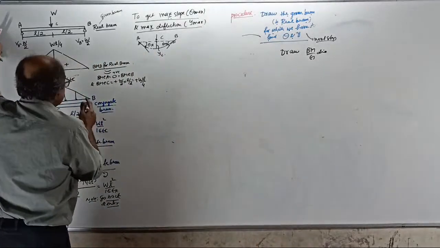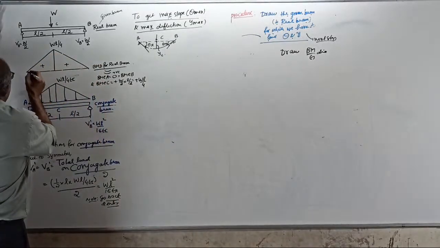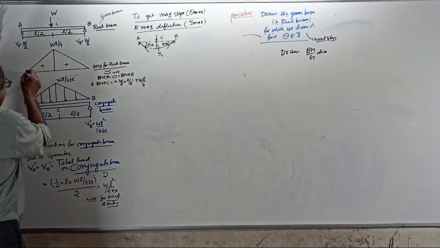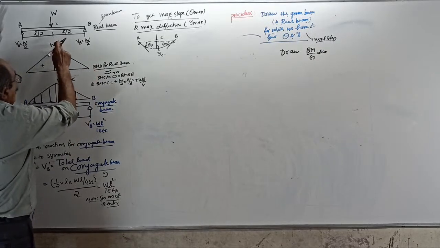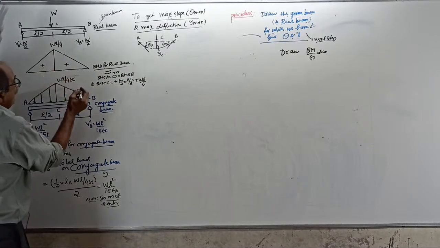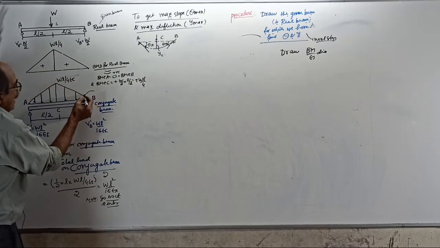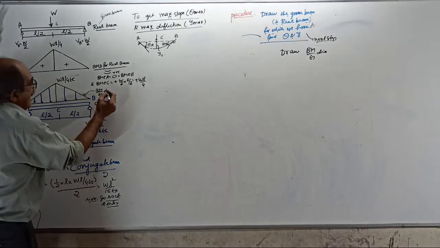Start. This is child work. Somebody in high school can do it. Bending moment 0, 0 divided by EI is 0, 0 by EI. WL by 4 by EI becomes WL by 4EI. So this is your BM by EI diagram.